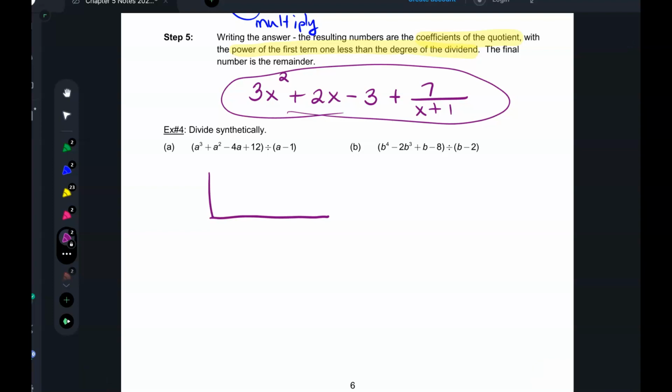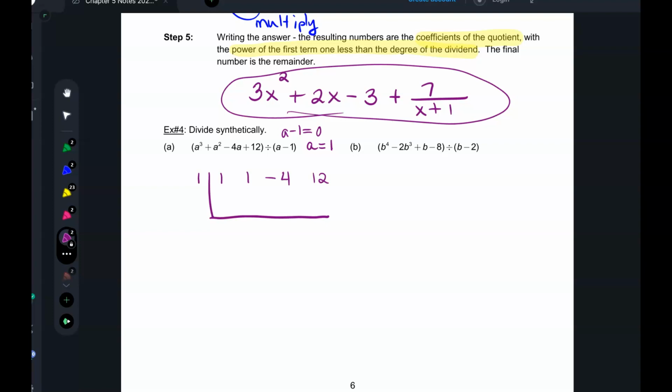Okay, so if it's a minus 1, then we want to divide by a equal to 1. My coefficients of a cubed is 1, a squared is 1, negative 4, and 12. Okay, I'll walk you through this one.